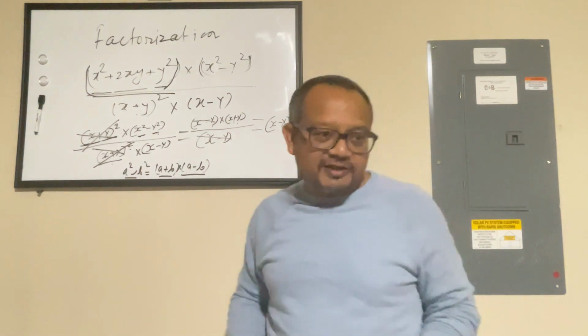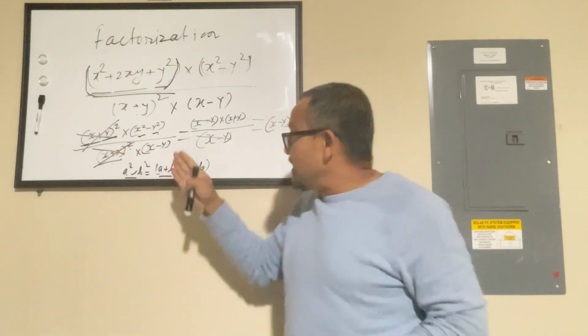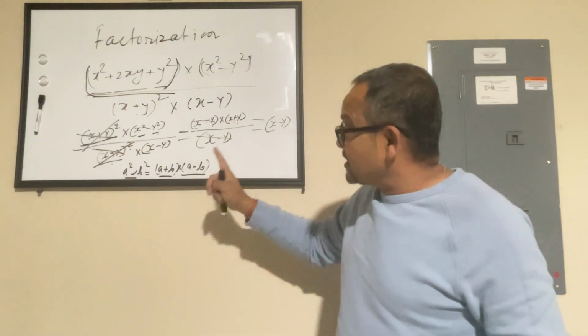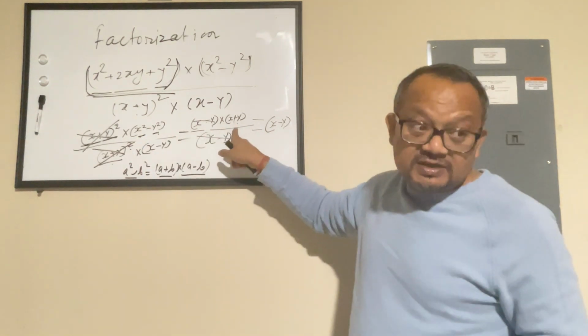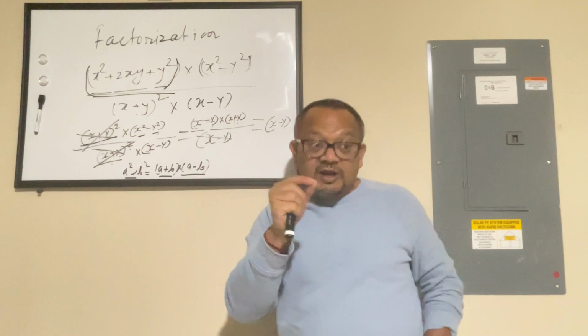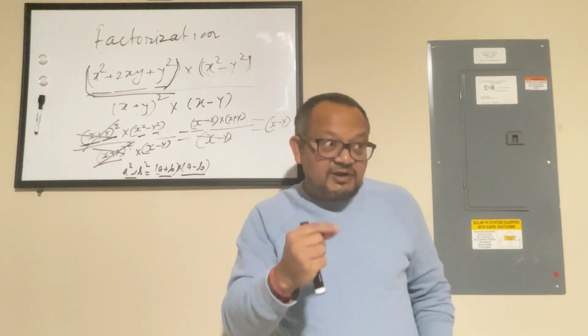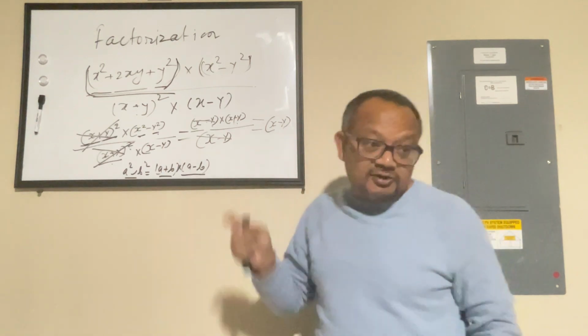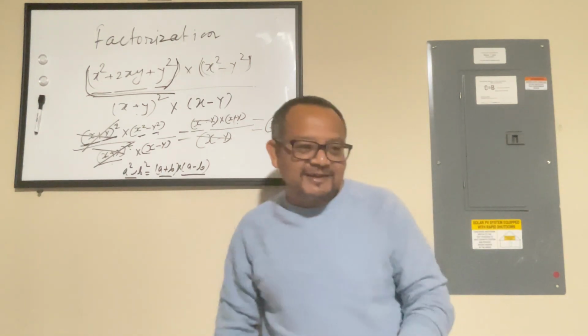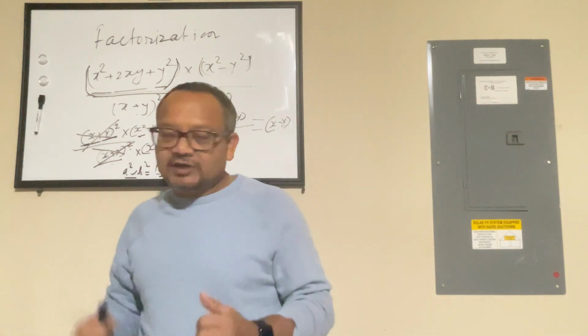Then just do it, and while doing it, be extra careful. This is a small but very critical mistake. If you make a mistake like this, your answer will go wrong and then you'll say, dang it. Alright. Cool?